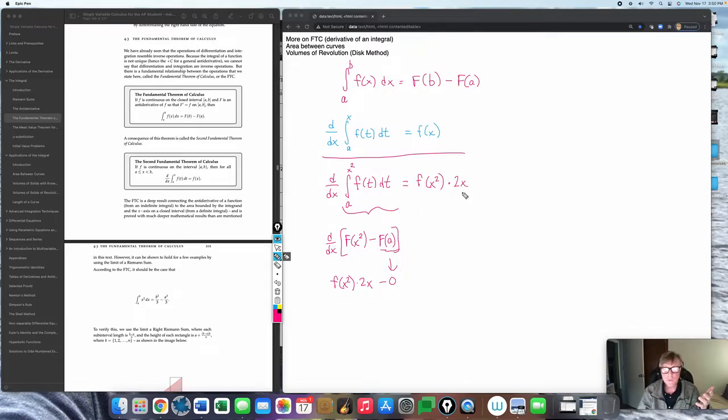So that's the reason for me talking about this: you definitely need to pay attention to this upper limit. Let's see if I can make this big enough to highlight. So if this is not x, then you need to honor the chain rule. In fact, to be honest, we use the chain rule all the time, right?